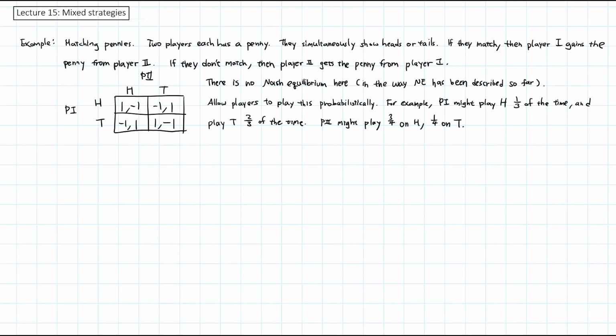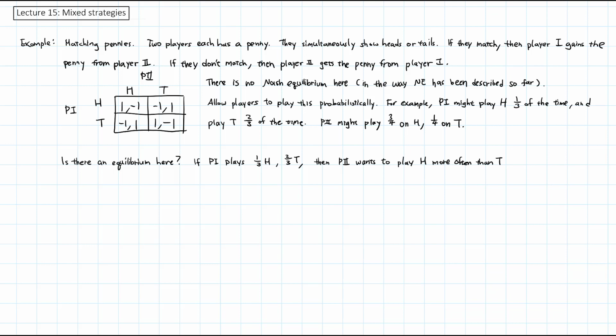Now when we talk about Nash equilibrium, we're looking for a steady state. That is, no player wants to change their strategy. So could there be an equilibrium here? If player 1 plays 1/3 heads and 2/3 tails, then player 2 wants to play heads more often than tails, so they don't match more often.